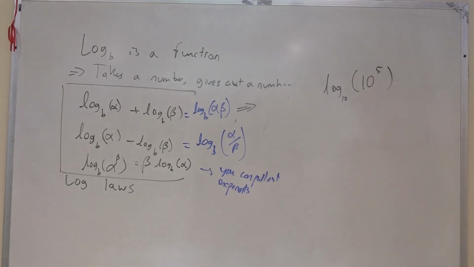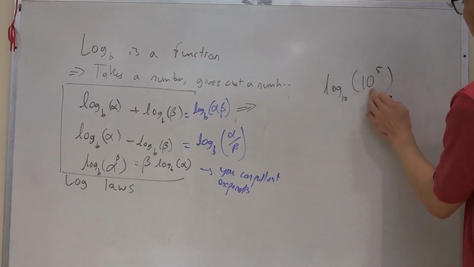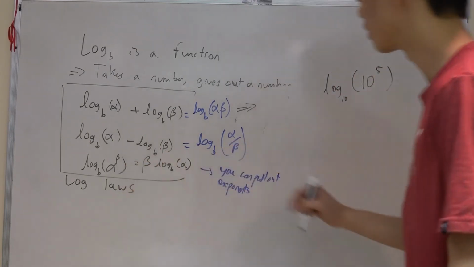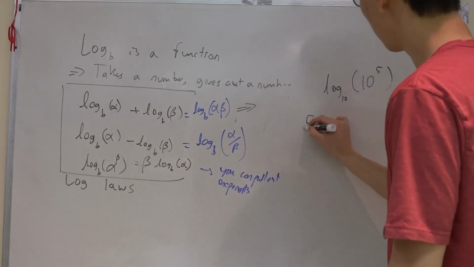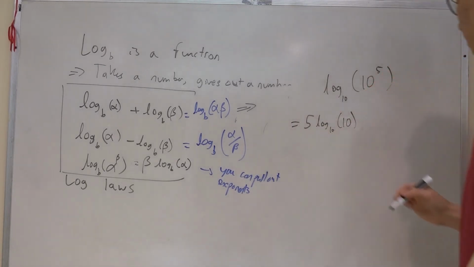Well, we remember what we were saying is this log 10 thing kills the 10 and gives us the 5. Well, now we can reinterpret this a little more rigorously using what we know about logarithms now. So observe that we can apply this rule here, and it will look like this: 5 log 10 of 10.